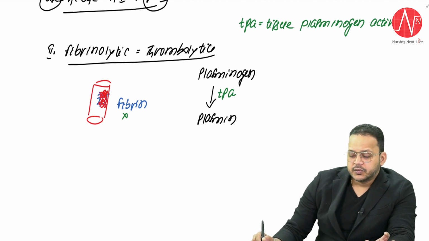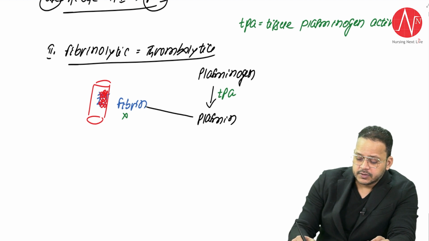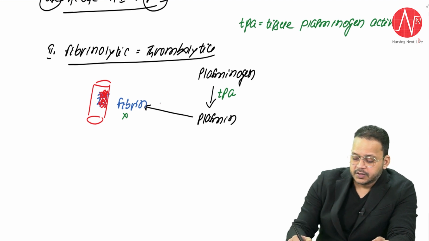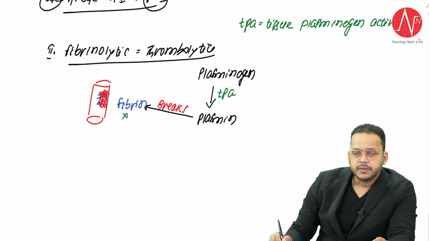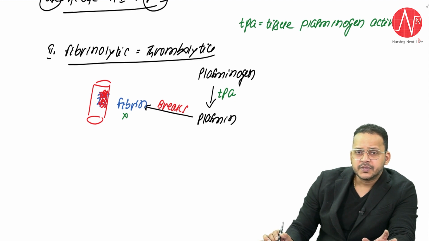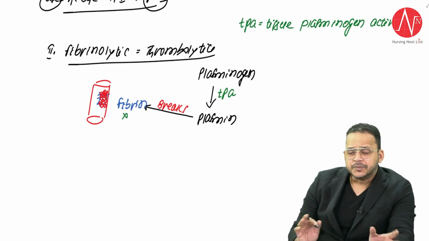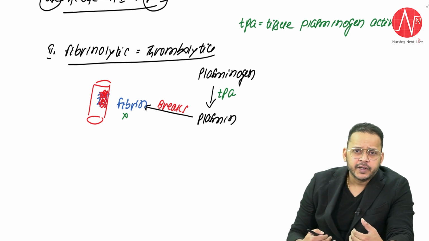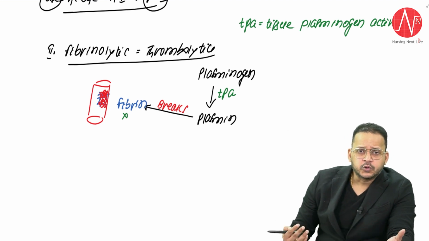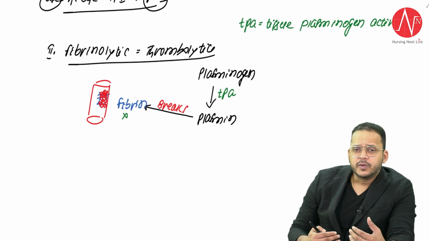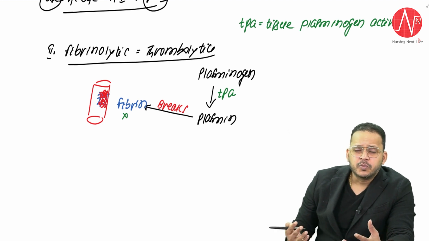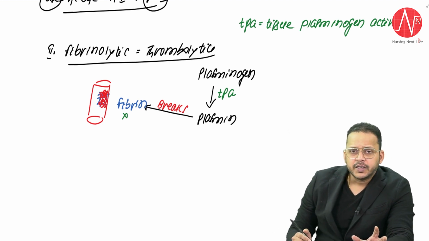So tissue plasminogen activator converts plasminogen into plasmin, and plasmin breaks fibrin, right? So this is what physiologically happens in our body to maintain a balance. Our body will not try to produce too much thrombus or too much thrombolysis, so that there is neither thrombosis nor bleeding. So that is how our body controls it.